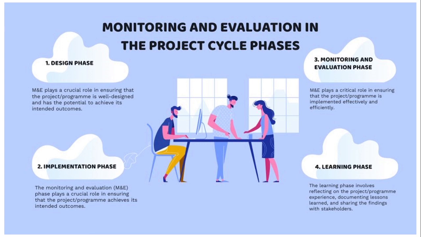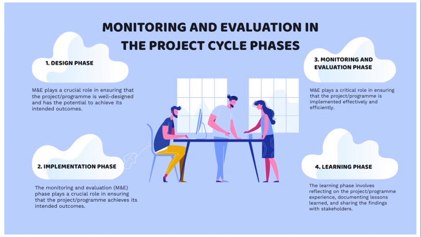So under the design phase, what is the responsibility of M&E and how can you do M&E in the design phase of the project? 1, you can define the goals and objectives and targets of the project. You as an M&E can help to ensure that the goals and objectives and targets of the project or program are clearly defined, measurable, and achievable. SMART goals and objectives and targets.